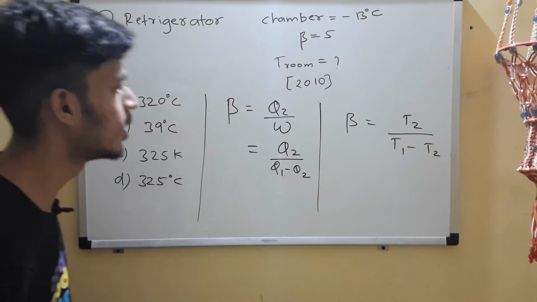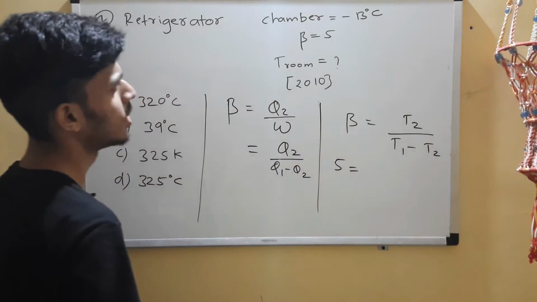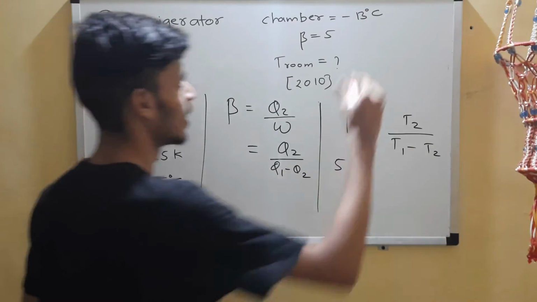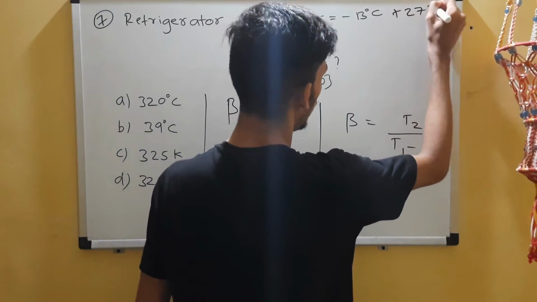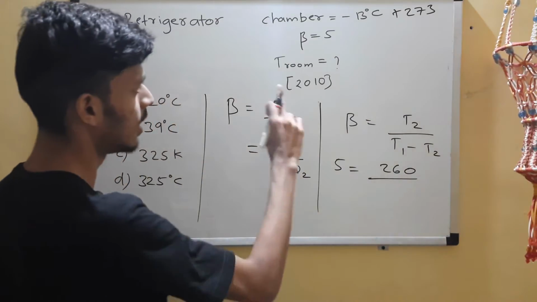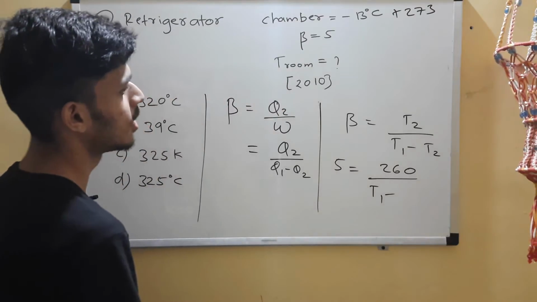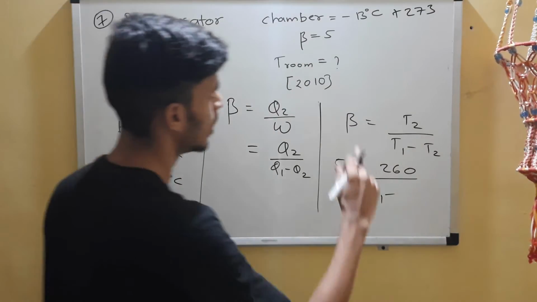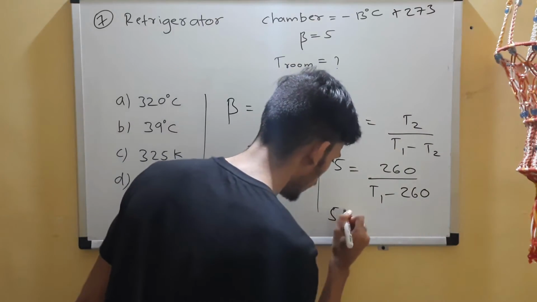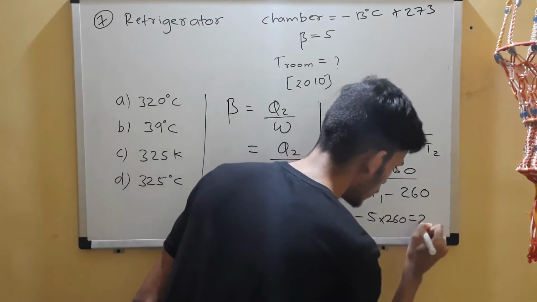Now let's just substitute and get the answer. So beta is 5, T2 is the temperature of the sink, right? Minus 13, now place it in kelvins, so add 273. That will give you 260, right? 260 divided by T1, the temperature of the source or the room, minus the temperature of the chamber, which is again 260. So just solve this equation now. 5T1 minus 5 into 260 equals 260.